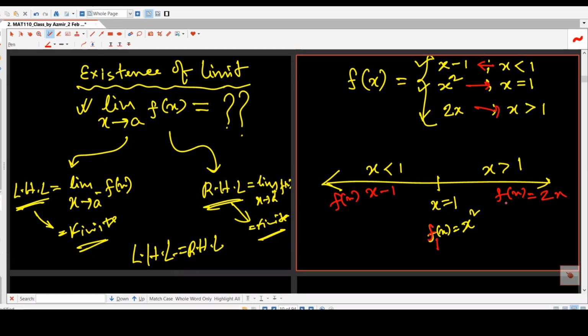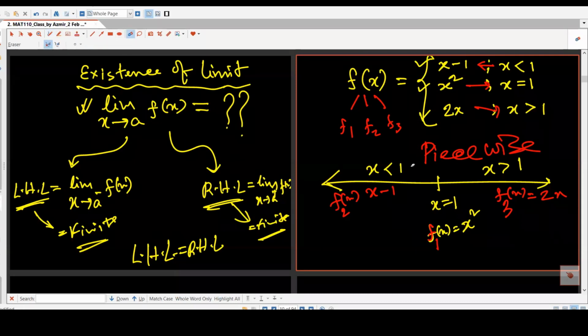This is f1, this is f2, let's say this is f3. So f of x has three parts: f1 function, f2 function, f3 function. But combinedly, we can say that this is a piecewise defined function. You will see this type of function in this entire course, so that's why it's important to discuss this type of problem.